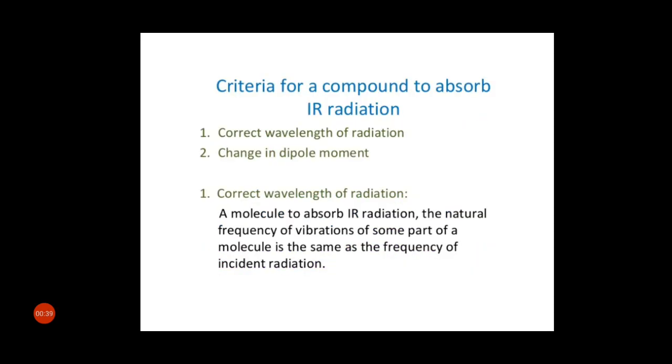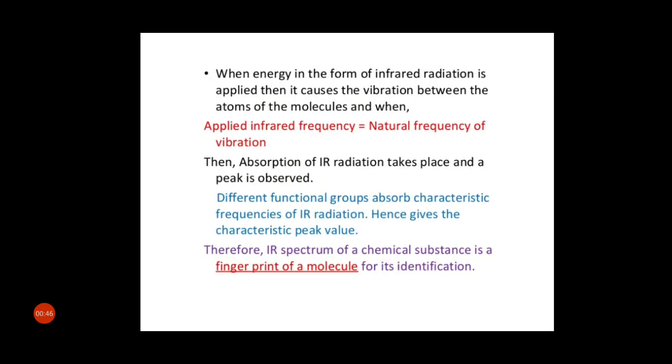Here, first I will discuss the criteria for a compound to absorb IR radiation. The principle of IR spectroscopy is that when energy in the form of infrared radiation is applied, it causes vibration between the atoms of the molecules, and when the applied infrared frequency is equal to the natural frequency of vibration, absorption of IR radiation takes place and a peak is observed.